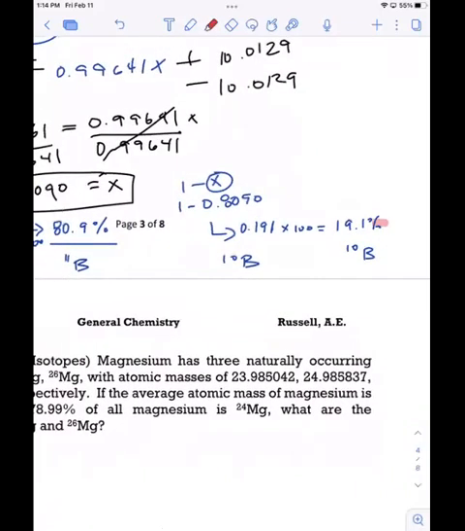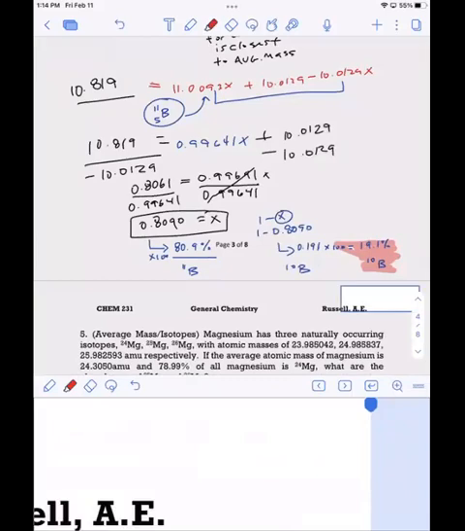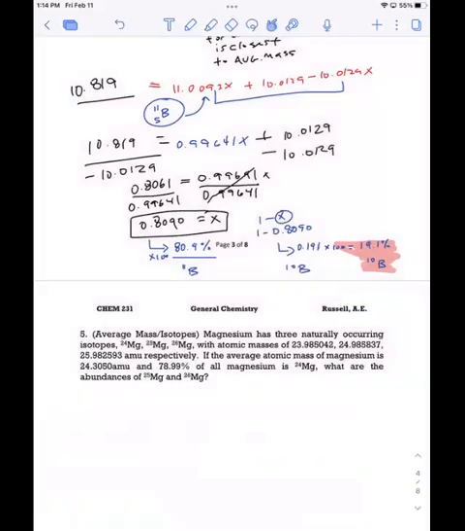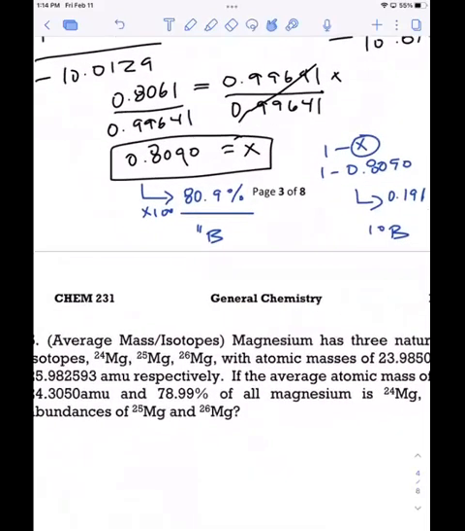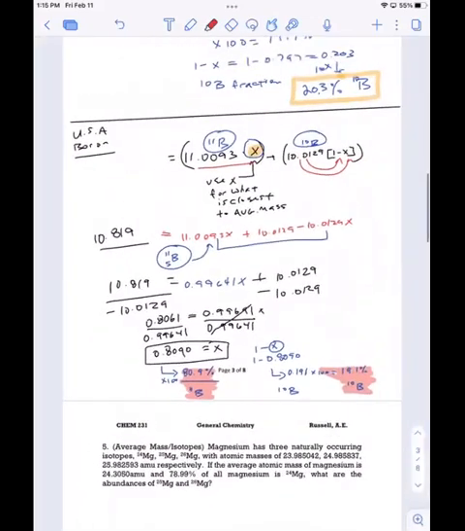Right. So what we have is, we calculated our fractions based on X and 1 minus X because we had two isotopes that we were dealing with. This is another tool that we have.